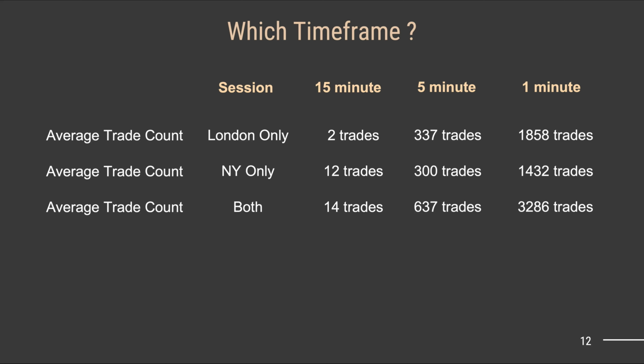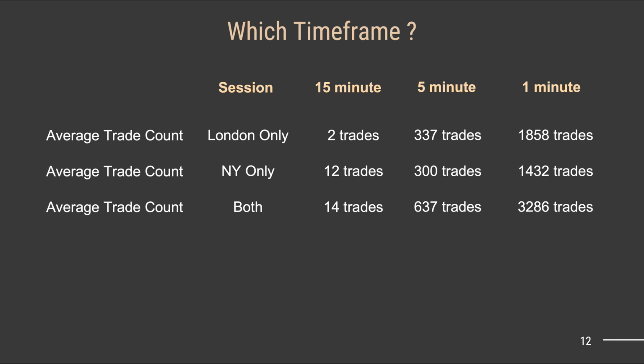Here are the results. If I take this element here, this is how you need to read this table. If we trade in the 5 minutes time frame and only during the New York session, one of the profitable strategies, you have on average 300 trades performed during the past 15 years.